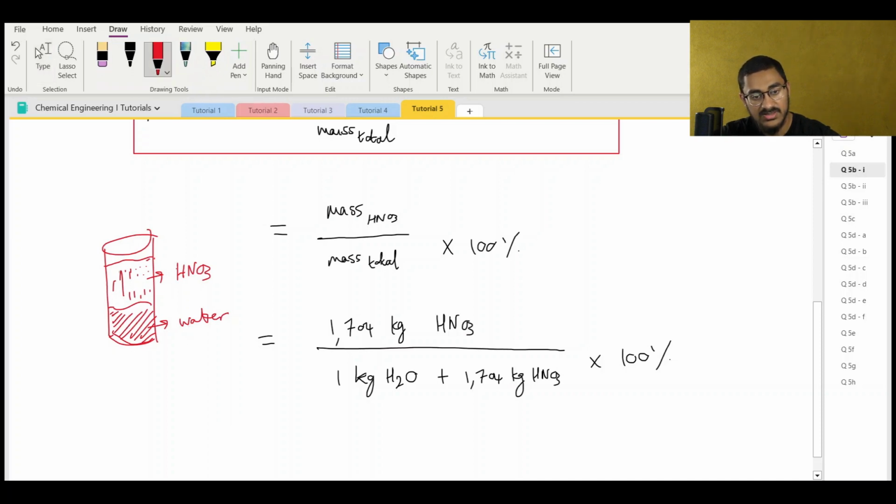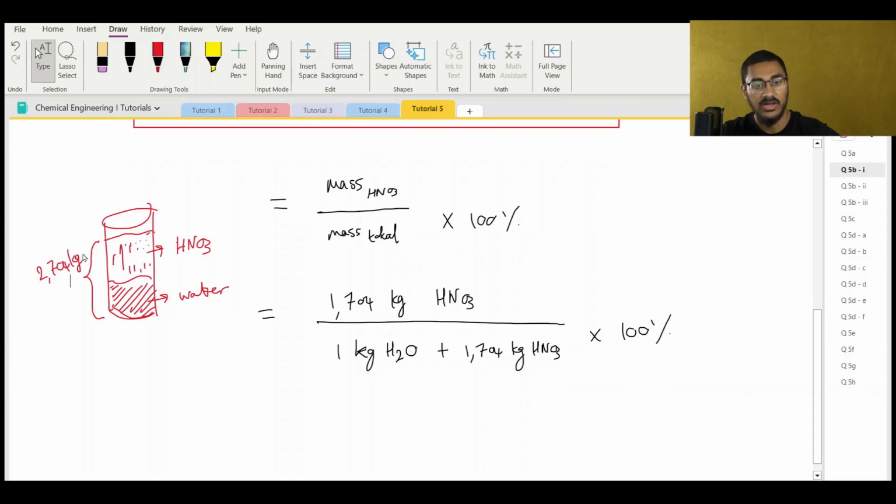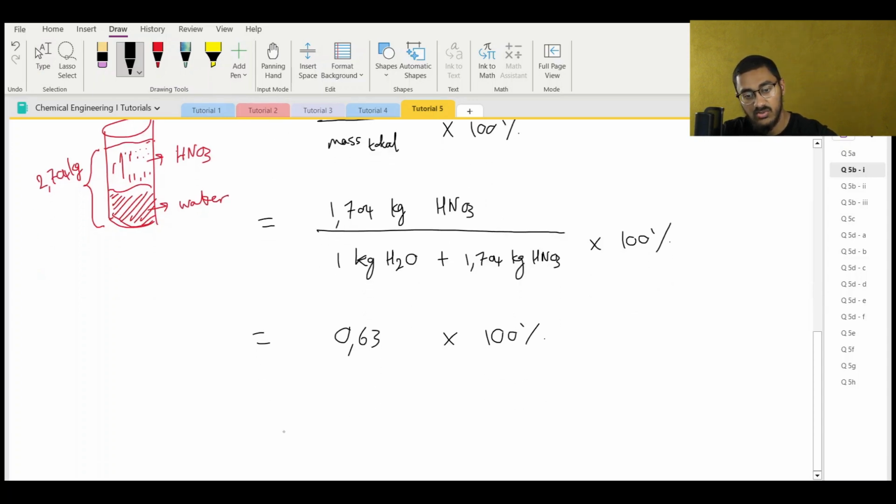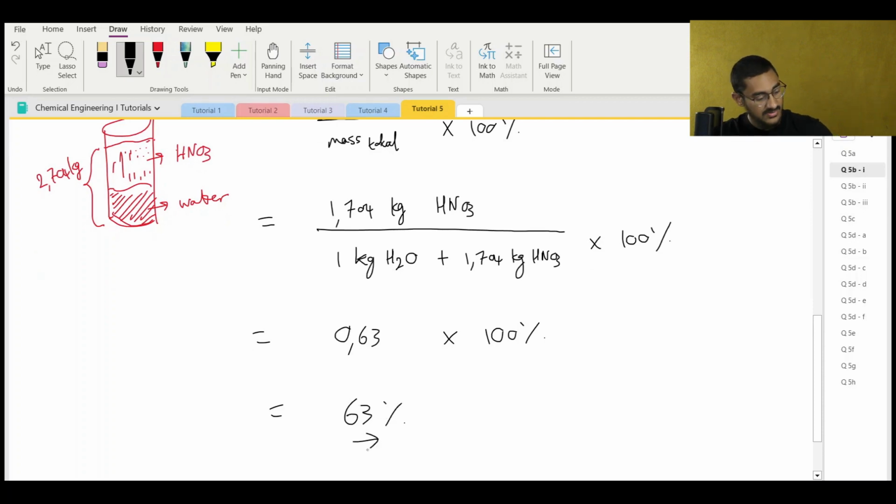And then the total mass becomes 1.7 kilograms plus the 1 kilogram, which is 2.704 kilograms for the total solution mass. If you put that into your calculator, you end up with 0.63 times 100%, which is equal to 63%. All right, very simple, very straightforward. Let's move on to part 2.